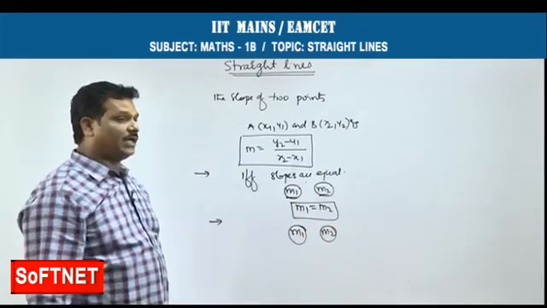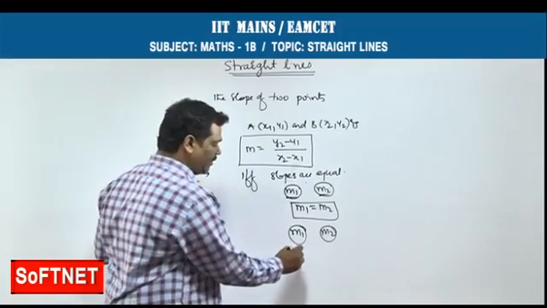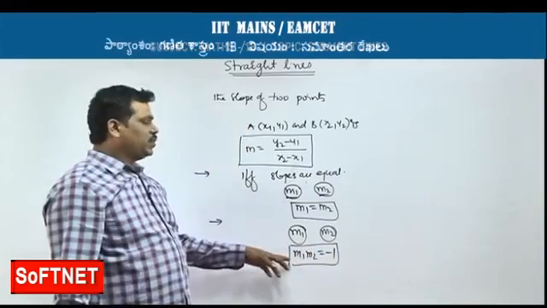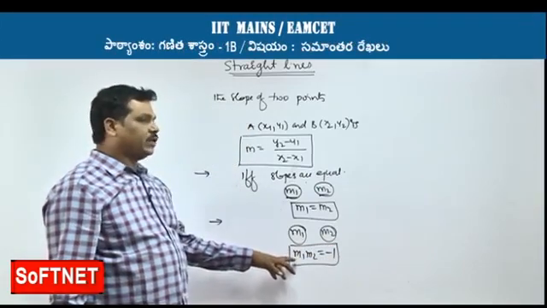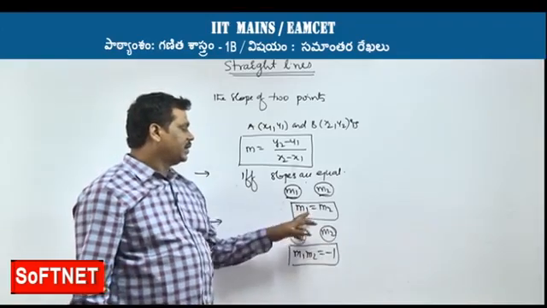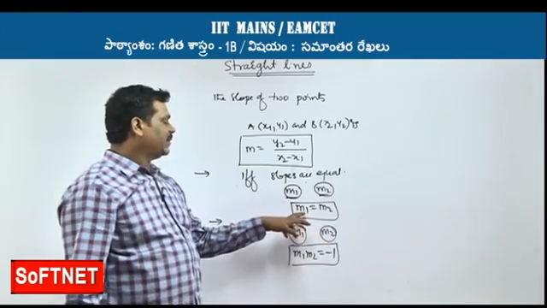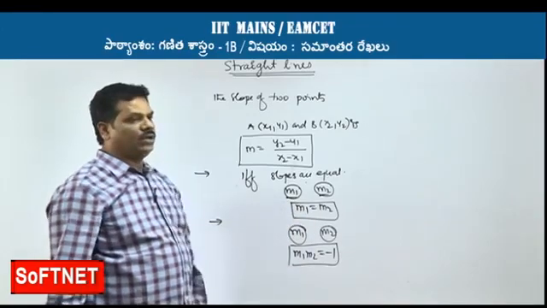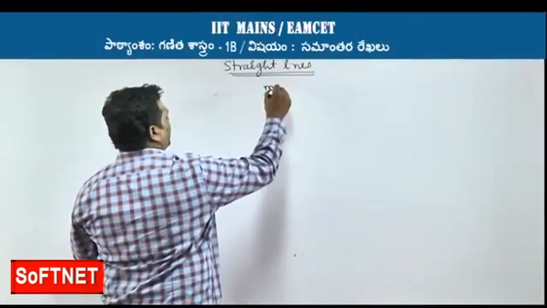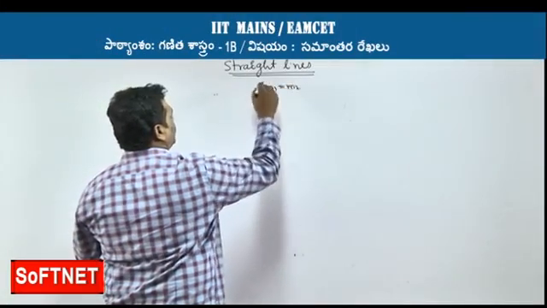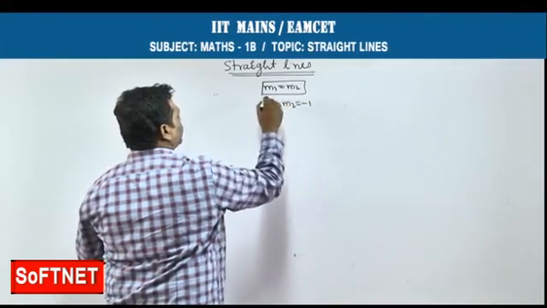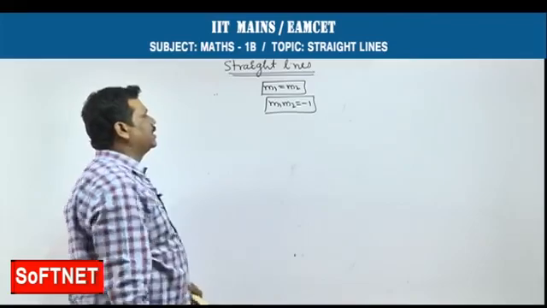The product of their slopes equals minus 1 means m1 m2 equals minus 1. If two lines are parallel, m1 equals m2, and if two lines are perpendicular, m1 m2 equals minus 1. Simple conditions, parallel and perpendicular.